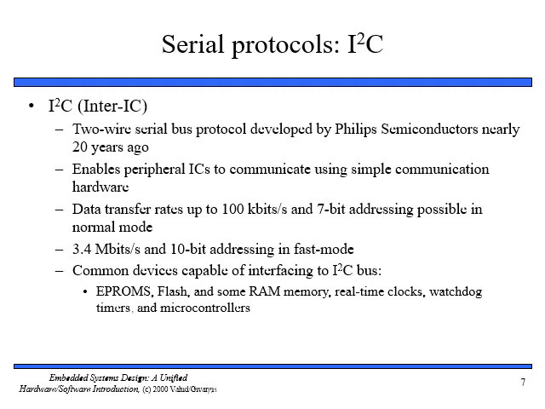Data transfer rates up to 100 kilobits per second and 7-bit addressing are possible in normal mode, and 3.4 megabits per second and 10-bit addressing in faster mode. So it basically has multiple modes. In one mode it transmits at 100 kilobits per second, and in other modes it transmits at 3.4 megabits per second.